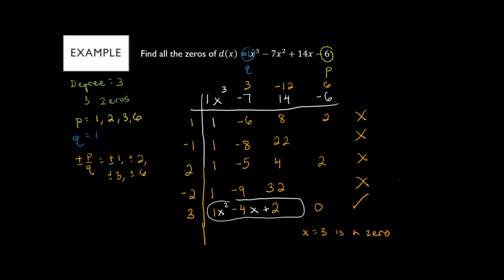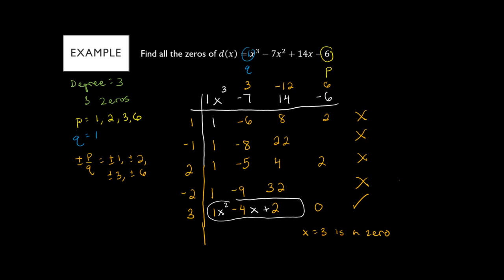Because when you're trying to find all of the zeros, at some point you're going to have to use the quadratic formula because you're going to have zeros with square roots in them, or complex zeros. And if I kept going to use the rational zero theorem and there were no rational zeros, I would just waste my time because then I would have to use the quadratic formula anyway.